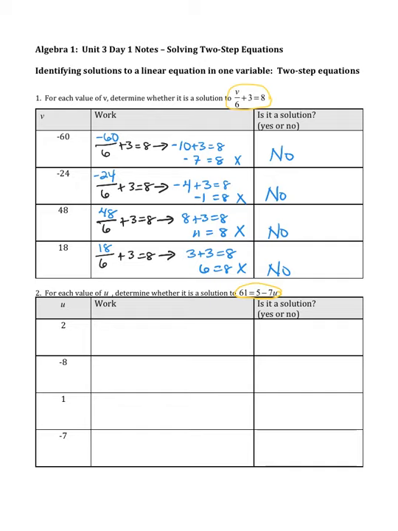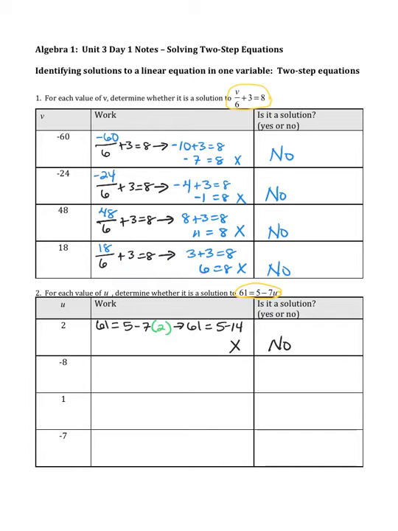So let's go ahead and do it. 61 equals 5 minus 7 times 2. 61 equals 5 minus 14. Do I need to go any further? We know that's not anywhere near 61. That's another no. We're doing a lot of math and not getting a lot of good answers, are we?